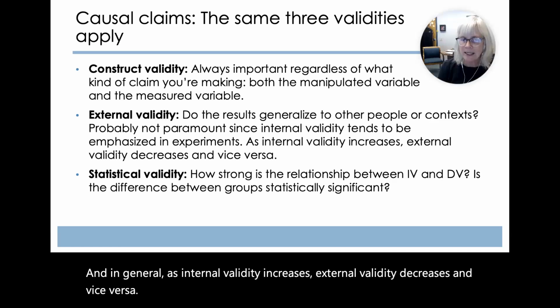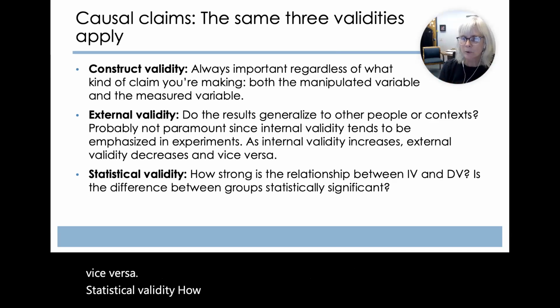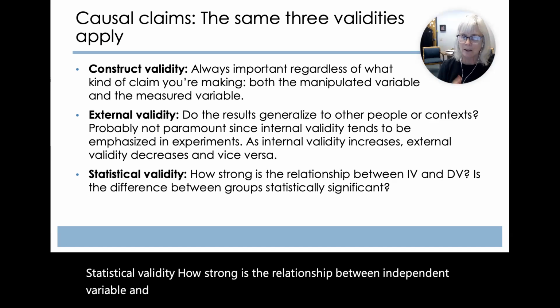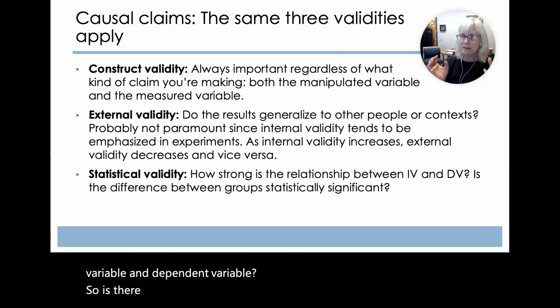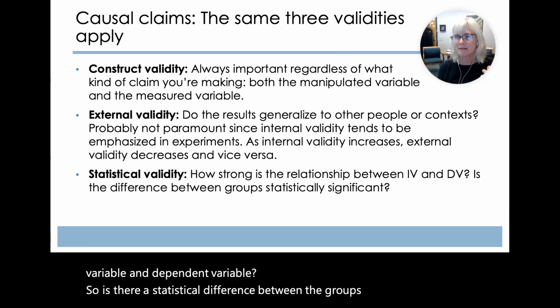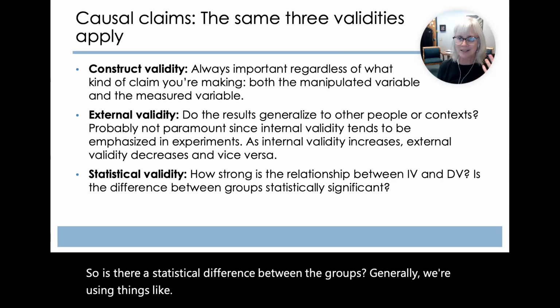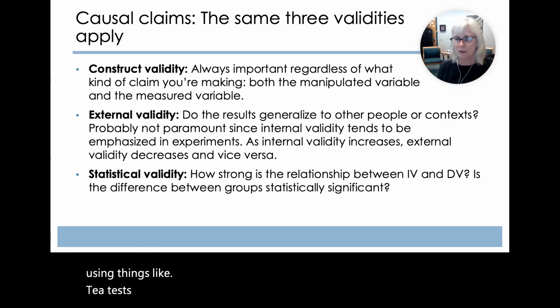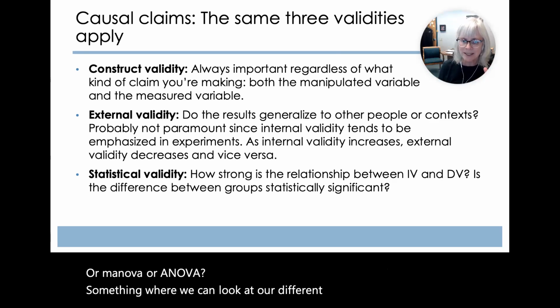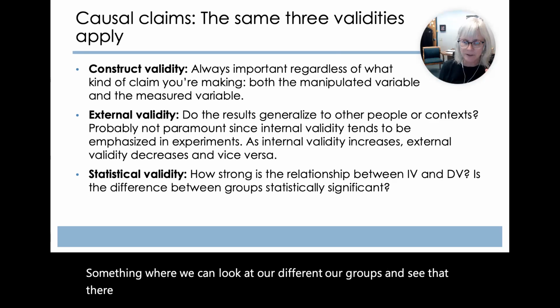Statistical validity: how strong is the relationship between independent variable and dependent variable? So is there a statistical difference between the groups? Generally, we're using things like t-tests or chi-squares or MANOVA or ANOVA, something where we can look at our groups and see that there is a significant difference.